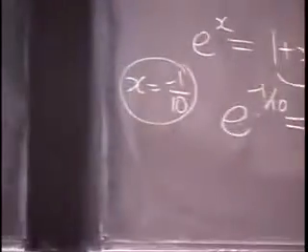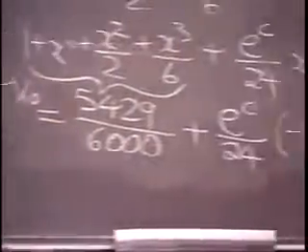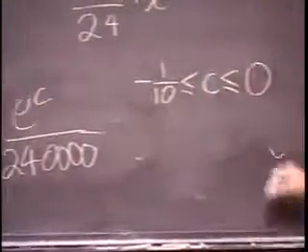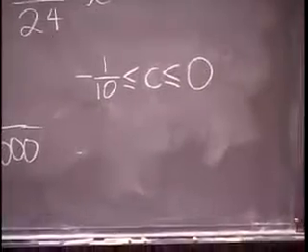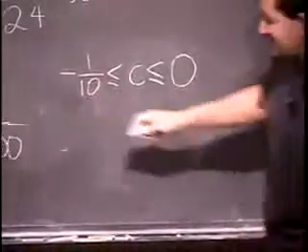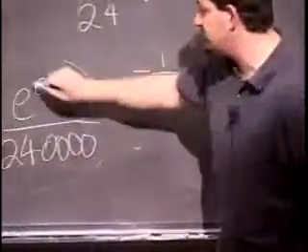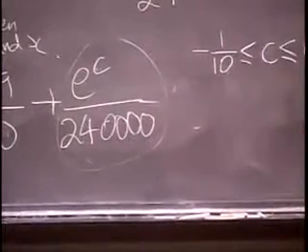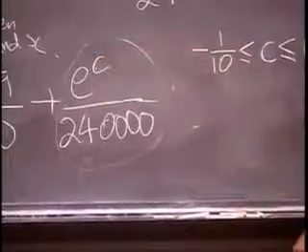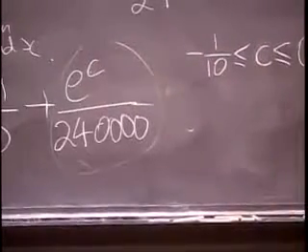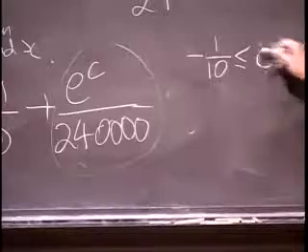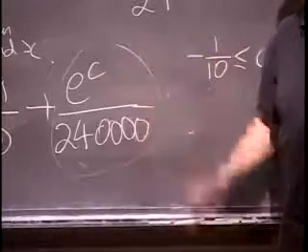So I know that c is in a very tight little region between minus a tenth and 0. So I've got some idea of what's going on because c can only be between minus a tenth and 0. In particular, how large could e to the c be? It could be no more than 1, because when c is less than 0, this is actually a little less than 1.